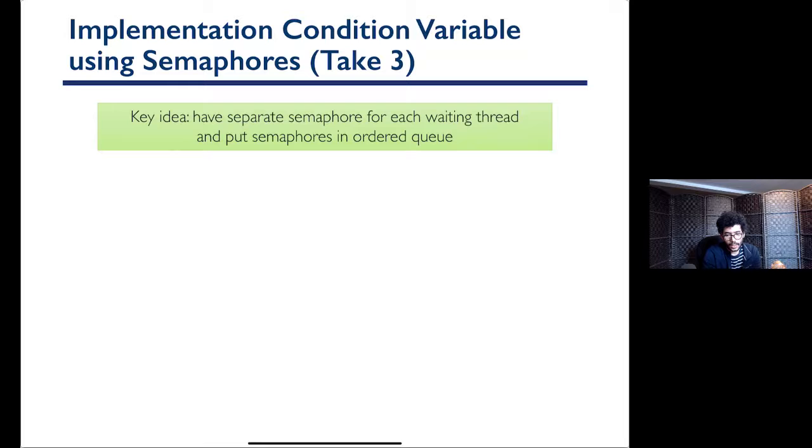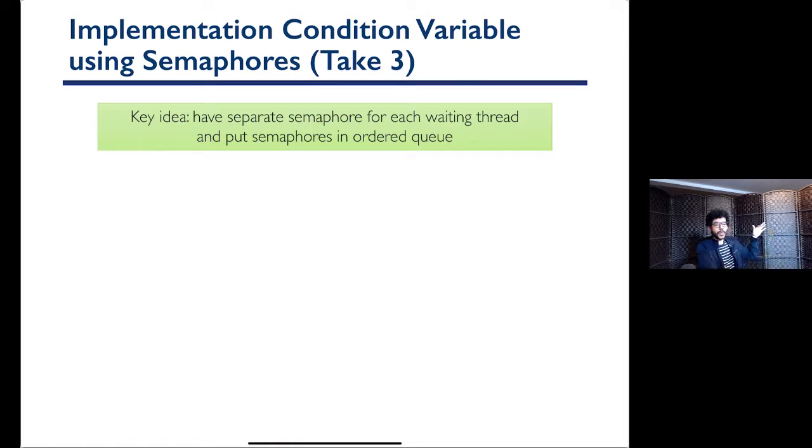The idea here is to have separate semaphores for each waiting thread and put these semaphores in a queue. This is very similar to the solution we came up with for the readers-writers lock.